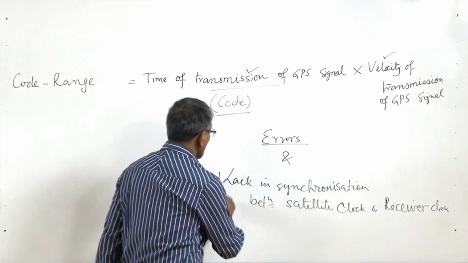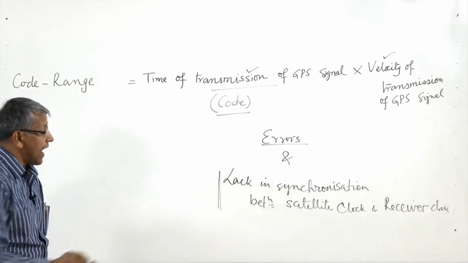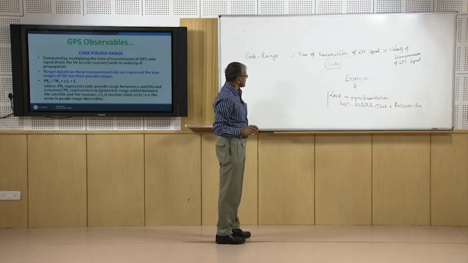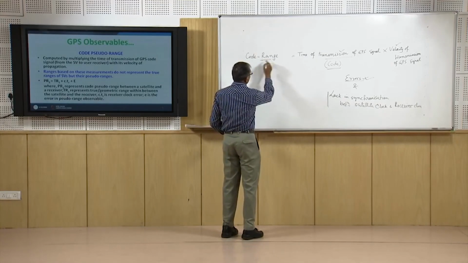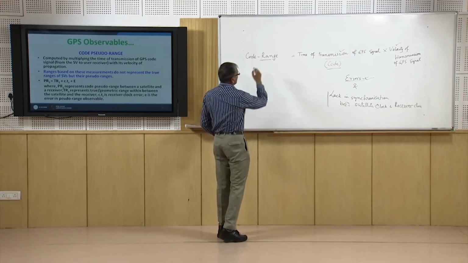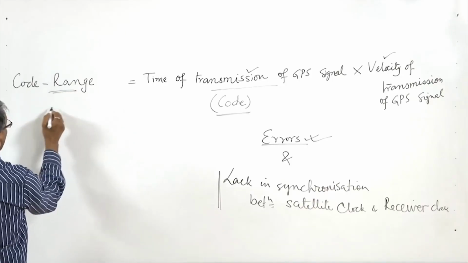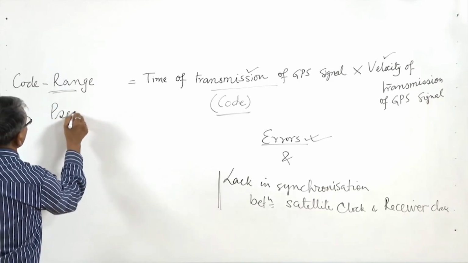Primarily due to this, and due to other factors, there will be large errors. So the range which we get from the GPS observable is not the actual range but the pseudo range.